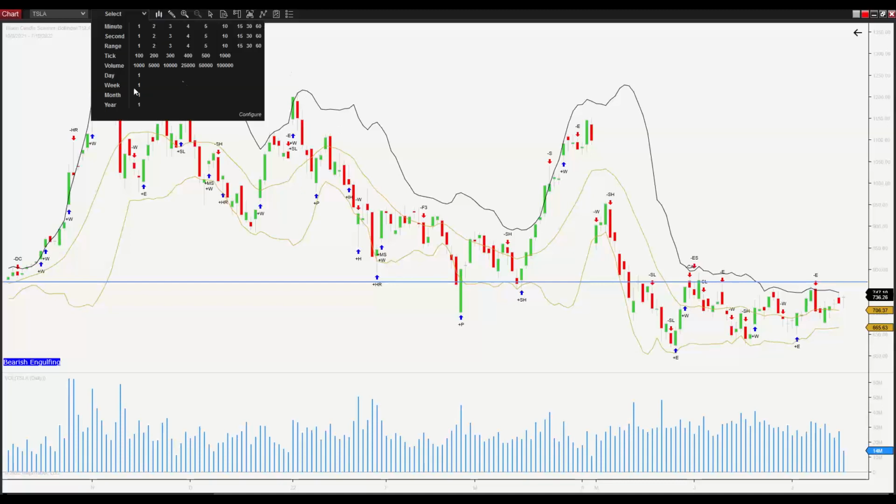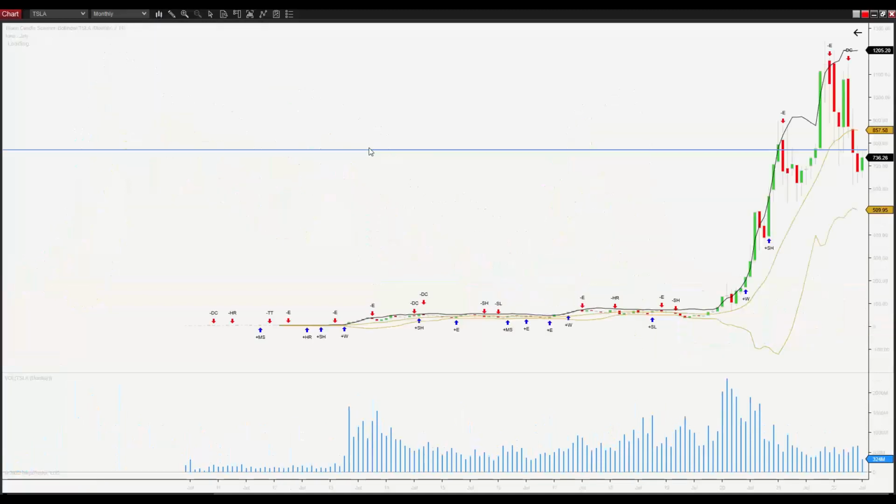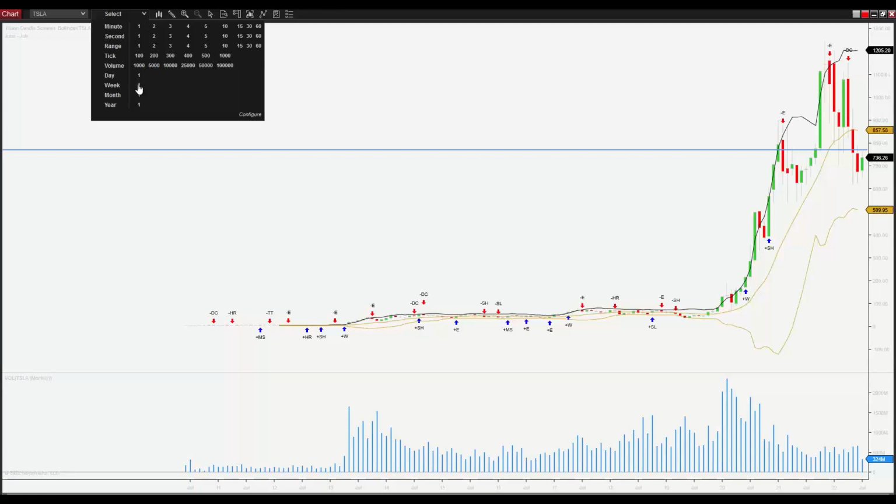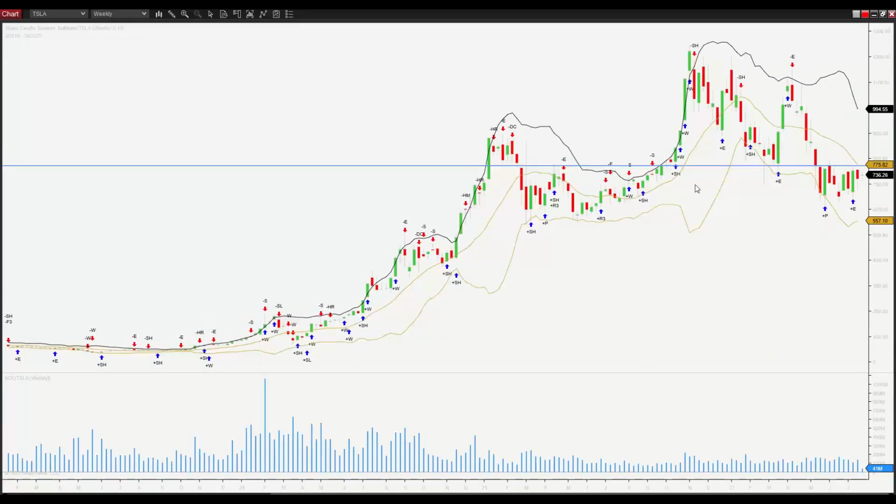If you look at a monthly chart on Tesla, obviously we had a meteoric rise and then a pretty hard drop. And if you notice where that line was drawn in by me, it stays on that chart even if I switch time frames. So I'll just flip to a weekly just to take another look. And look what we had. We had a line that was resistance. It held.